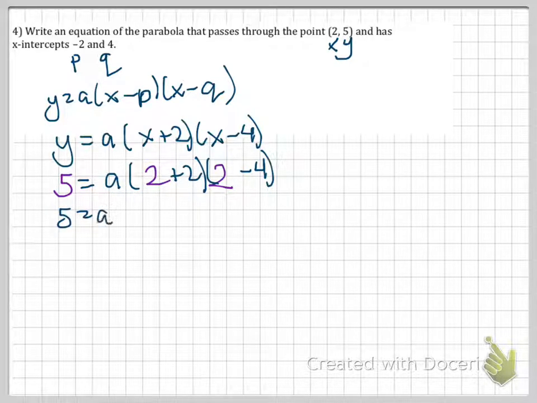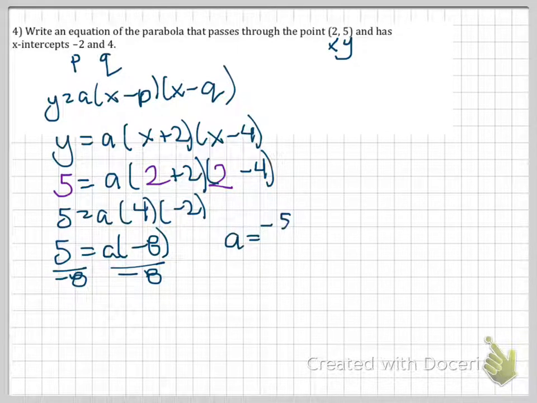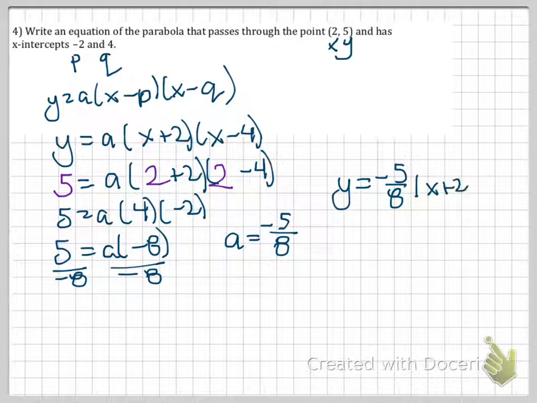So 5 equals a times 4 times negative 2, or 5 equals a times negative 8. Divide by negative 8. So a equals negative 5/8. Then we'll plug it back into the equation. So y equals negative 5/8 times x plus 2 times x minus 4.